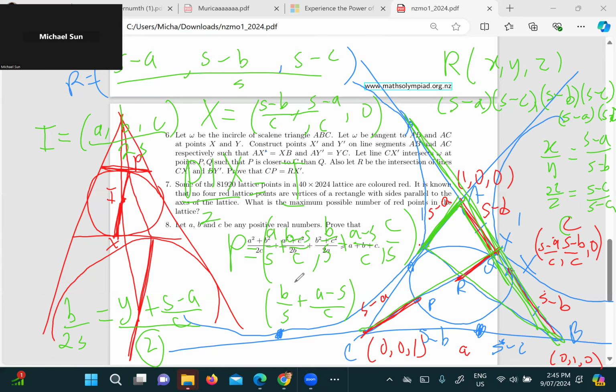P. You could have a whole piece of paper. There's some over here. S minus A. Wait, how do we prove this? Just divide x by y and show it's s minus a on s minus b.